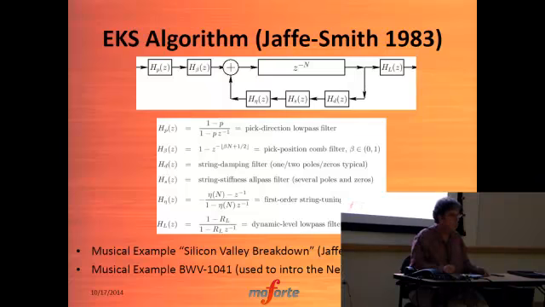Waveguide is a bit more complicated because it represents the two sides of the string, and it represents the fact that D'Alembert's solution was actually two traveling waves traveling in opposite directions. But it essentially comes down to the same thing: there's a termination on either side that causes a loss of energy, and there's an initial signal which is propagating up and down the length of the string, or the length of the delay lines in this case.